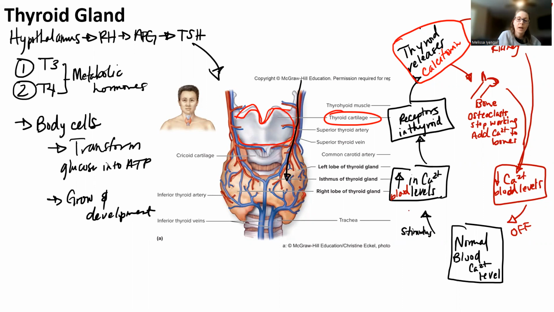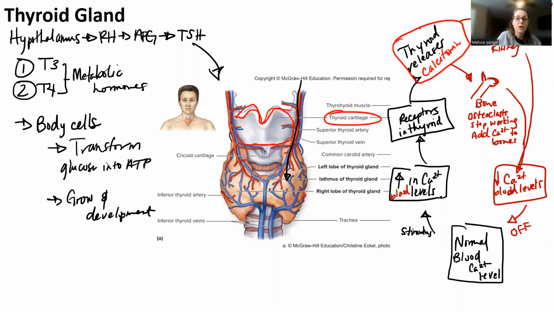So as soon as blood calcium levels increase, this is our stimulus, the thyroid gland senses that. It makes a decision to release calcitonin. And calcitonin is going to target two things, the kidneys, where the kidney is going to say, oh, I'm going to get rid of calcium because calcium is too high.